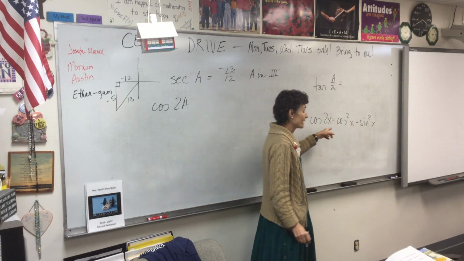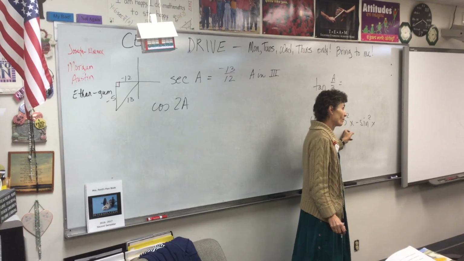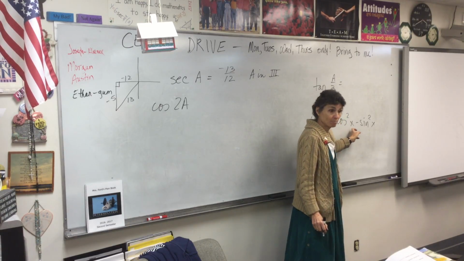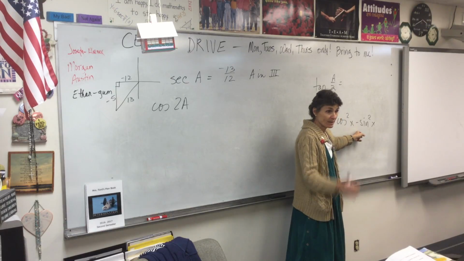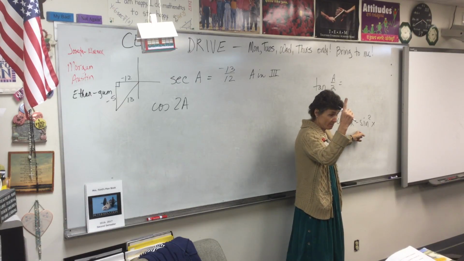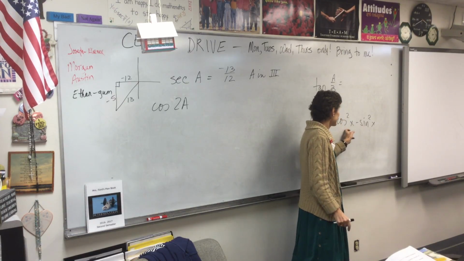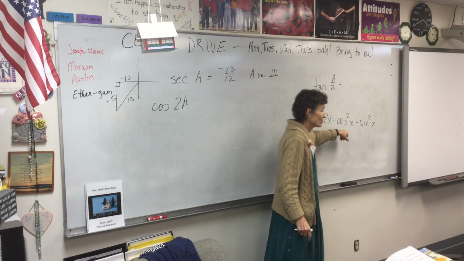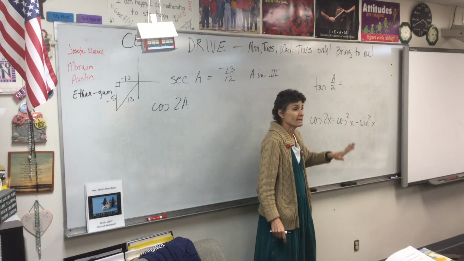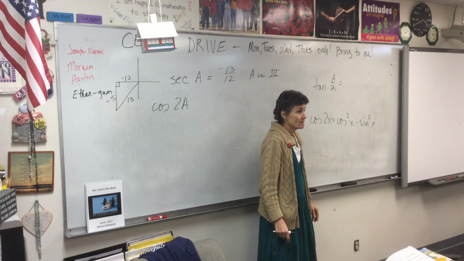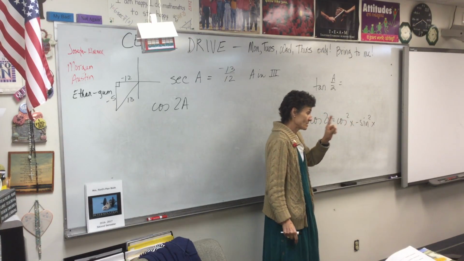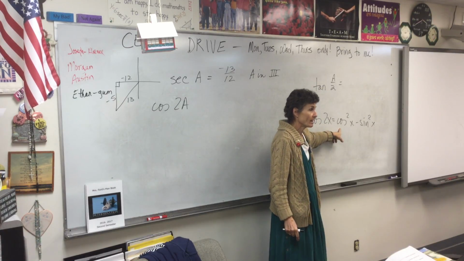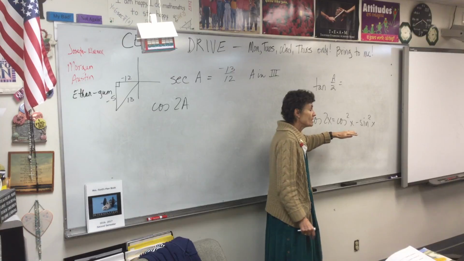Don't confuse that with the identity you already have, cosine squared plus sine squared equals 1. This is different. This version will work in every single problem. So if you're going to memorize just one of the 3, memorize this one. This is the standard.